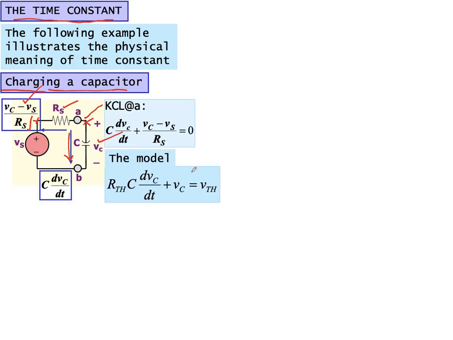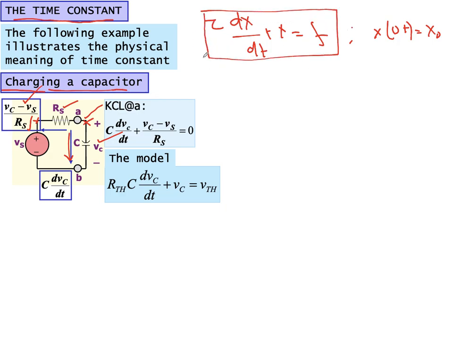And from this, we can derive the generic form of equation that we require, that is tau dx by dt plus x is equal to f, and we need the initial condition, which is x naught. So this is the desired equation that we need to get. In this case, if we solve this a little bit, we'll end up with this expression.